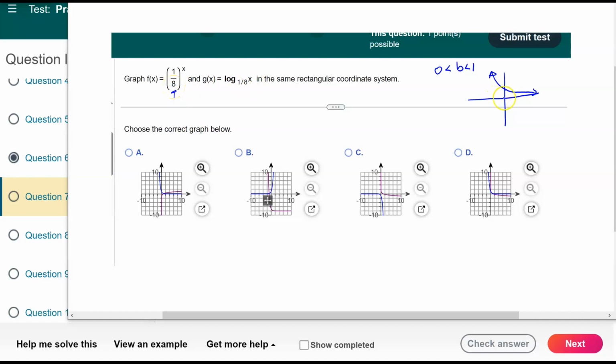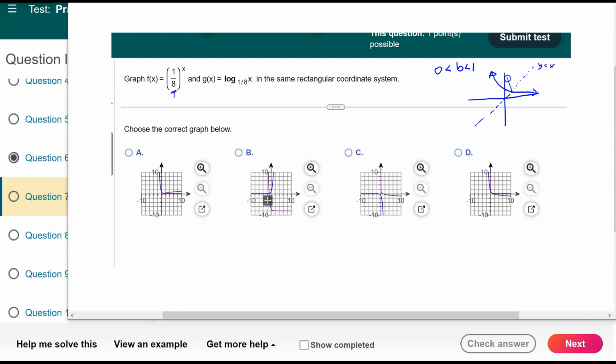That means that the graph of this function will be the reflection of the graph of f of x along the line y equals x. So if this is the curve for the graph of 1/8 to the x, you would just reflect this curve along this line.